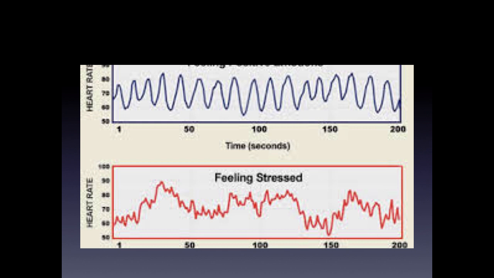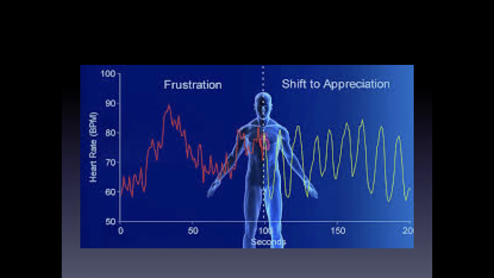A very smooth, coherent wave is representative of a calm and connected physiological state of being, and a jagged pattern is representative of a stressed out or anxious state of being. And if you think back to the spiral of becoming, if you jump in at the level of physiology, you can make all kinds of changes in your body that go back and change your emotions, your perception, and your whole way of being.